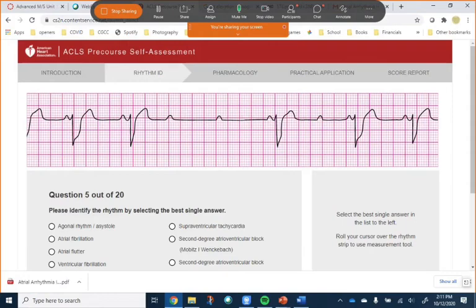So we can rule out first and third because those don't have any drop beats. So this is 3 boxes. This one is, oh, and I just went to kind of the PQ interval. That's not really technically correct.